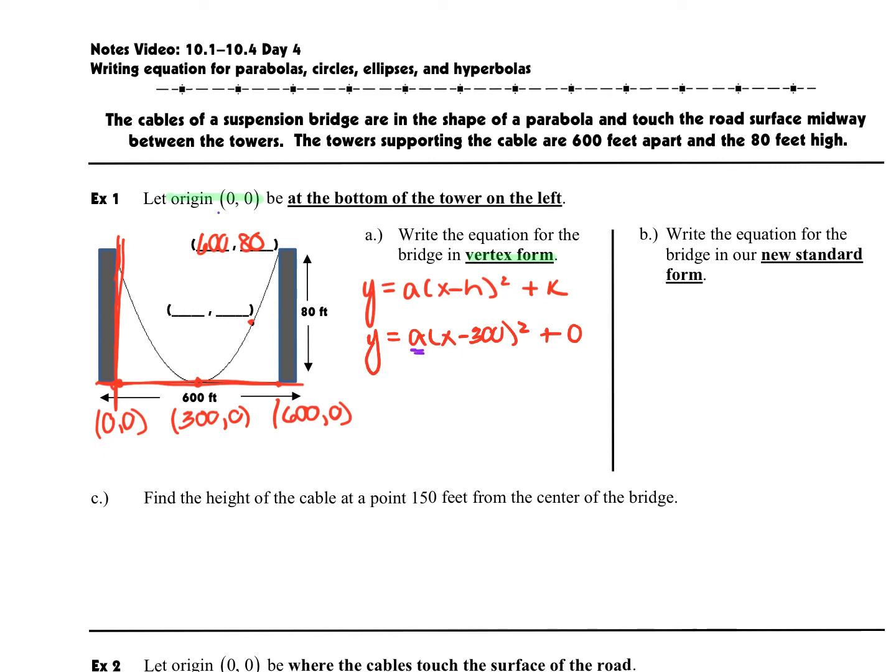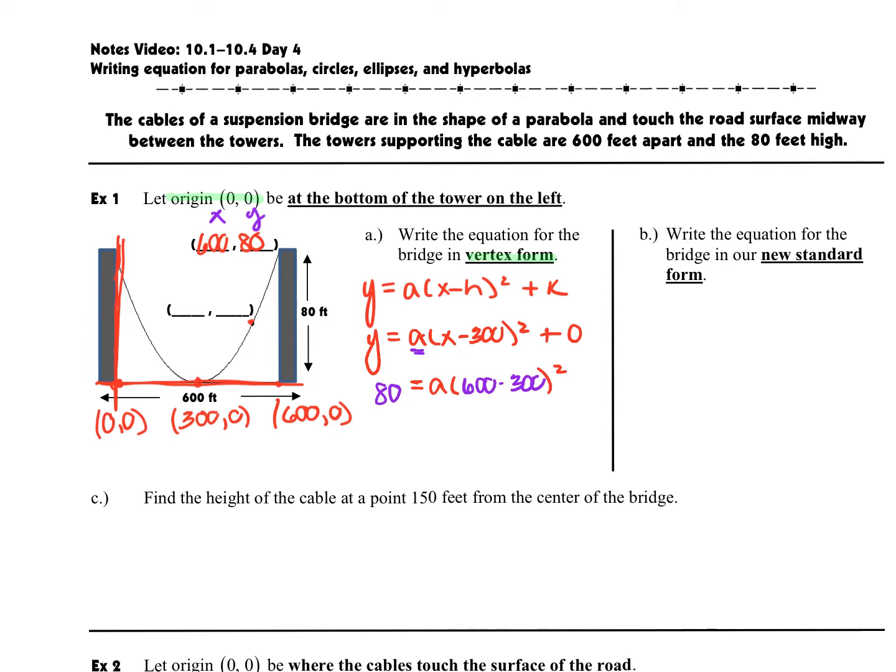So we're going to use this xy pair up here that we know to continue solving. So I can fill that in, and I'm going to have an 80 for my y. I know I'm going to have an a. I now know that x is going to be 600 minus 300, quantity squared, and now I'm going to drop that 0.